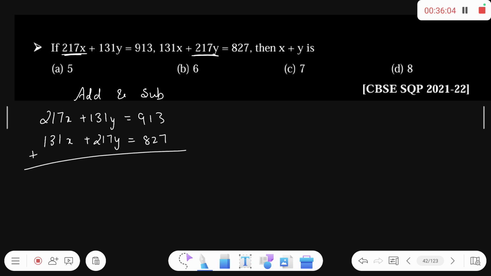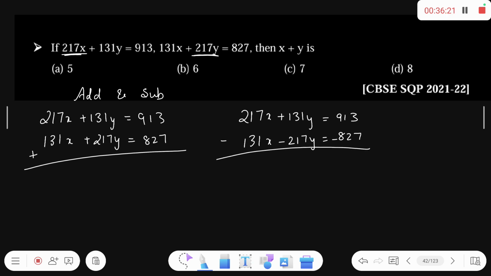Adding them, and subtracting them, you will get a simpler equation.